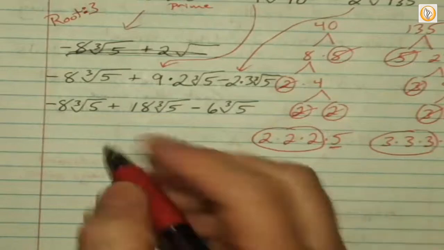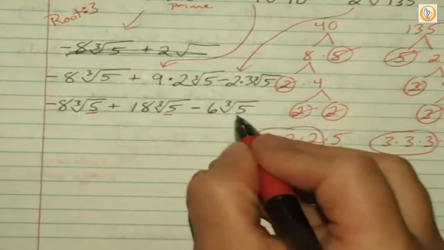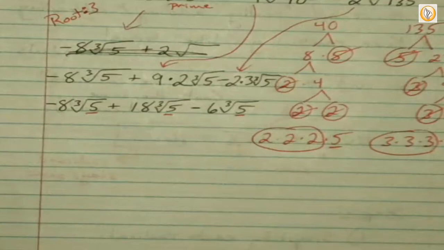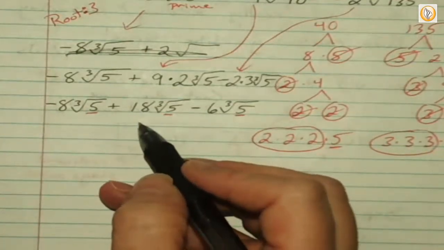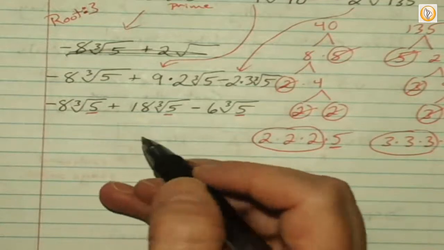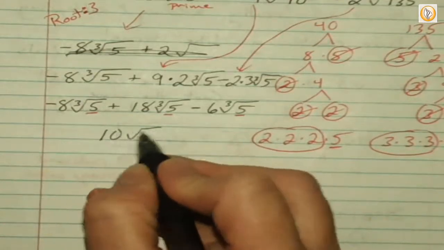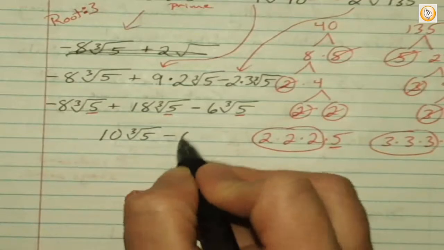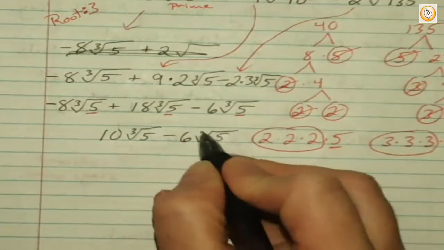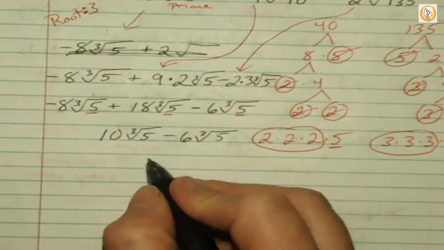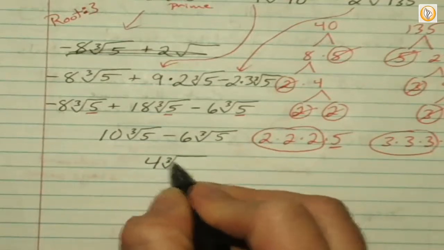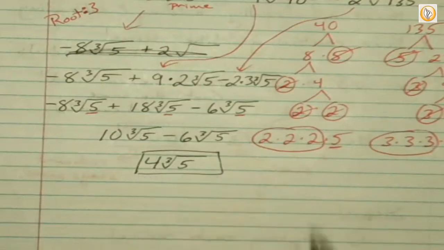All of them, because all of them have the same radicand. So I have negative 8 and 18 is what, Ariel? 10. And 10 minus 6 is what, Miranda? Y'all are so smart. And there's your answer.